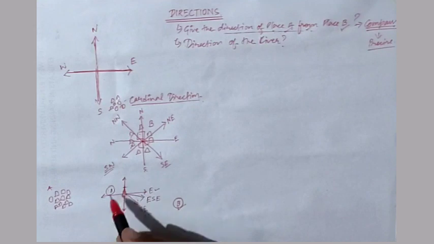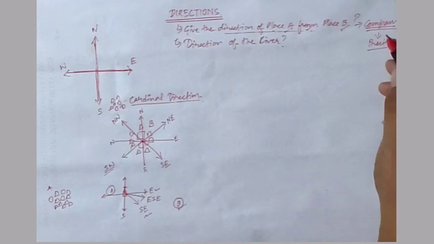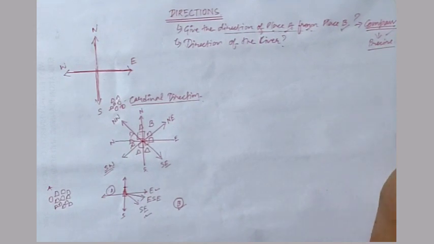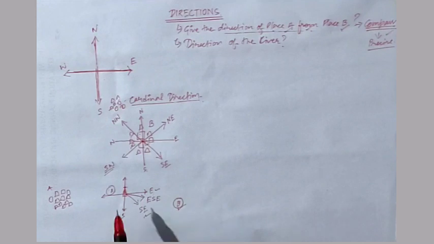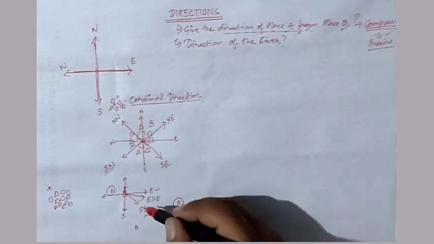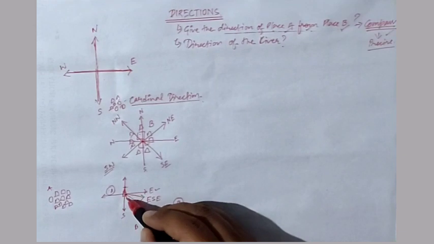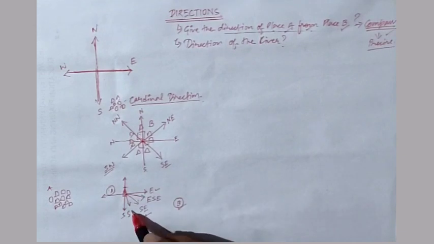This kind is known as compass location or compass direction, in much more precise form. The direction of place B from place A is east southeast. Understood? Now in case place B was located over here in between south and southeast, then it would have been south southeast.